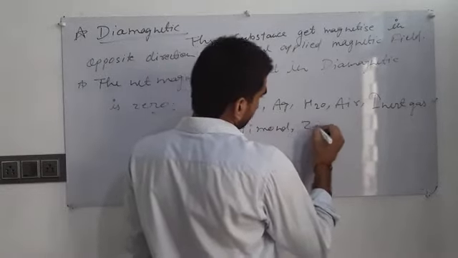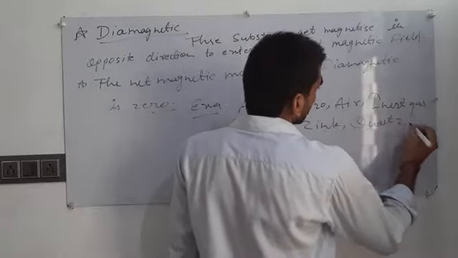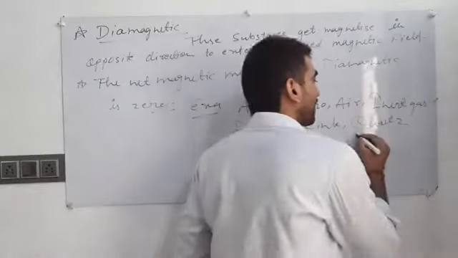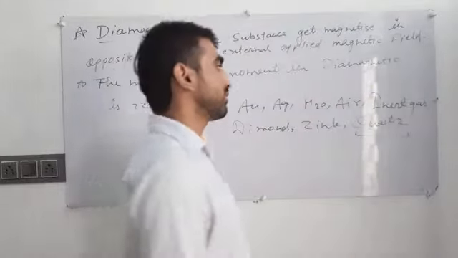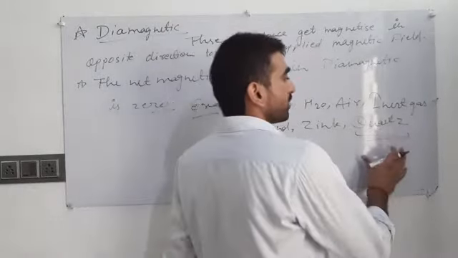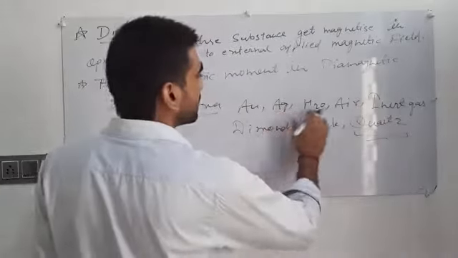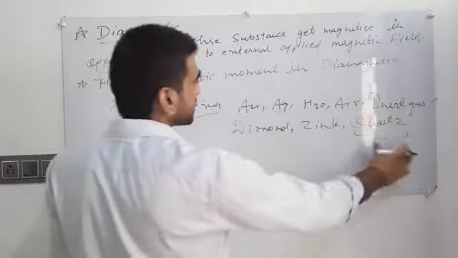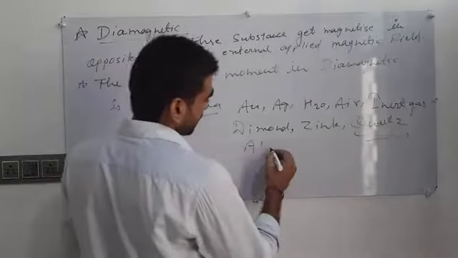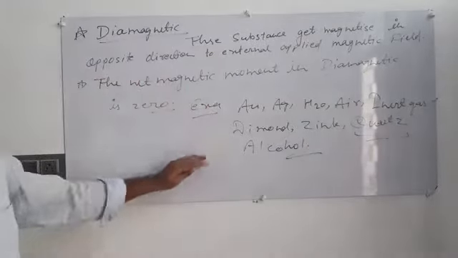If you don't know about quartz, it is a material used in semiconducting devices for oscillating. So gold, silver, H2O, air, inert gases, diamond, zinc, quartz, and alcohol are also diamagnetic materials. These are the examples of diamagnetic material.